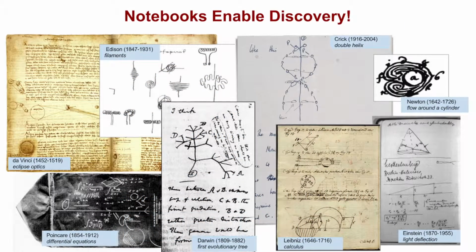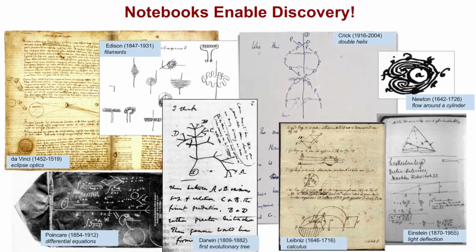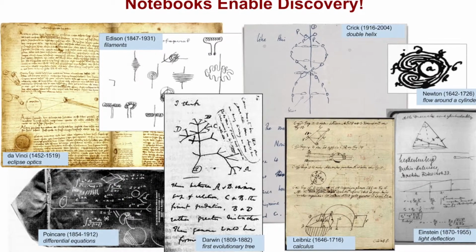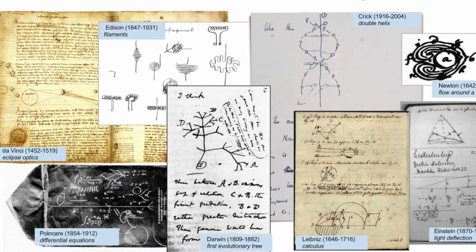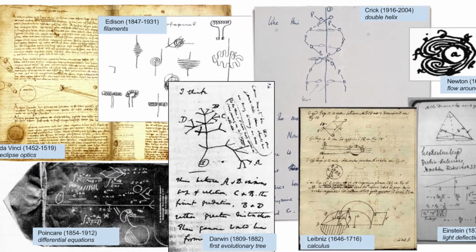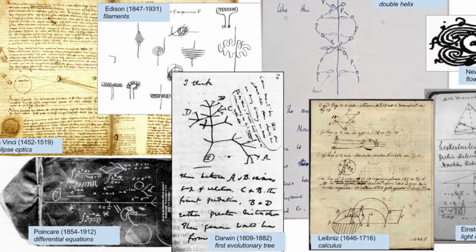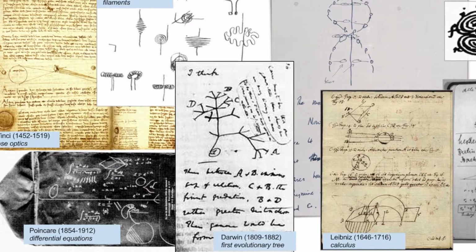Whether it's Leonardo's magnificent 15th century notebooks, Darwin's 18th century first evolutionary tree, or Crick's 20th century double helix, the greatest thinkers of Western civilization developed their ideas over extended periods in words and sketches, documenting progress at intermediate stages so they could re-engage their ideas and refine them iteratively.